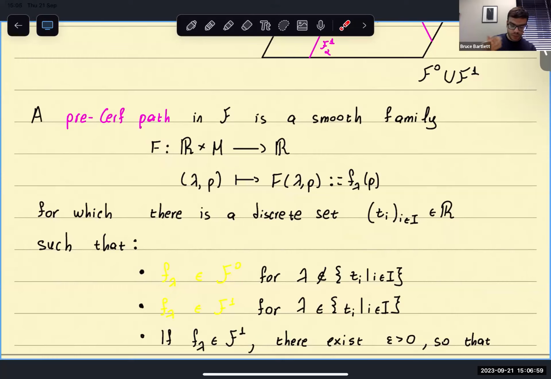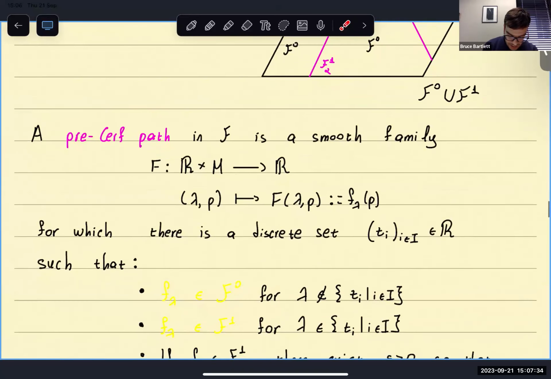In particular, a smooth map from R cross M to R. Notation-wise, I'll sometimes call that capital F, which is quite confusing because curly capital F is the space of all smooth real valued functions. This isn't great notation, but I would just denote at time lambda the relevant smooth function to be F sub lambda.